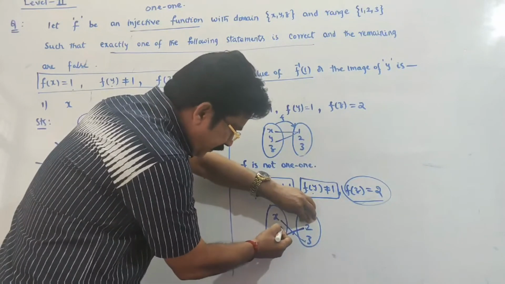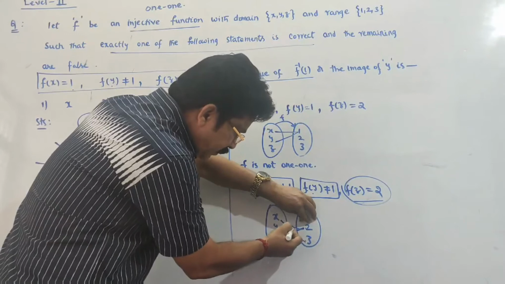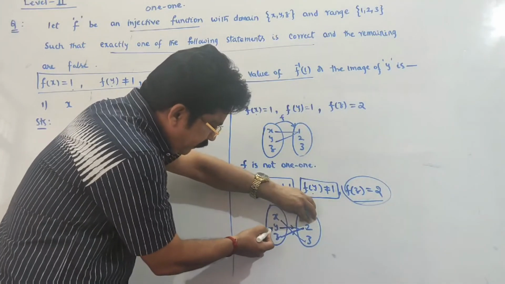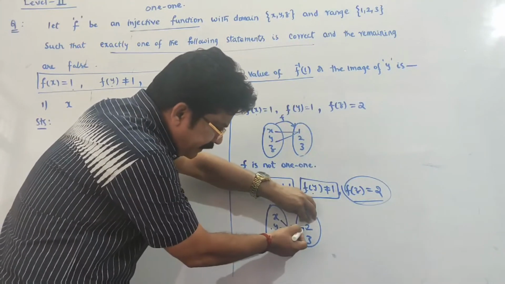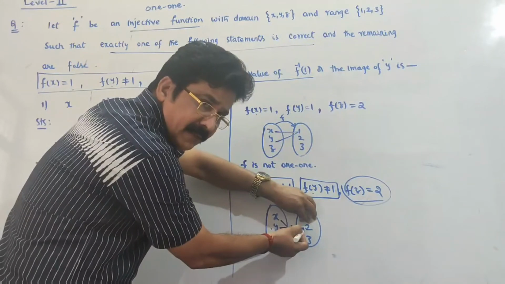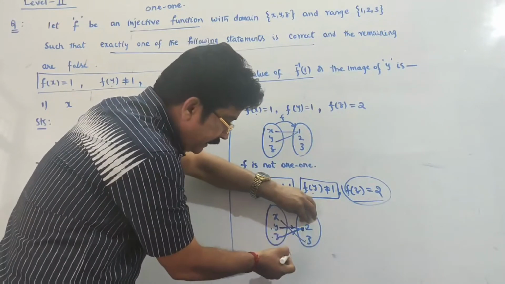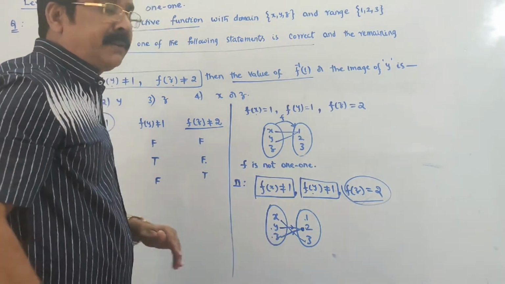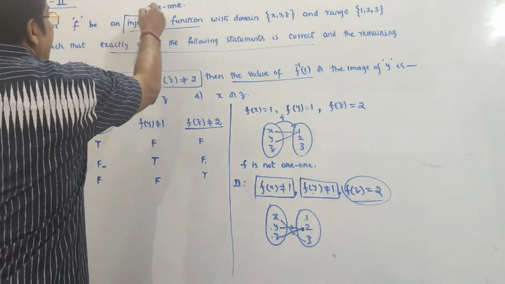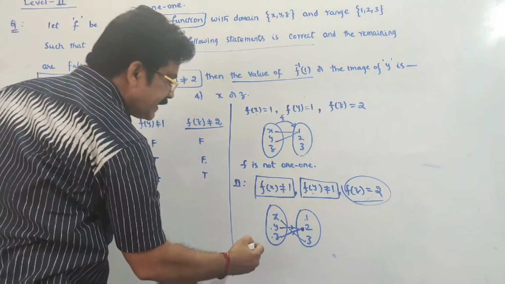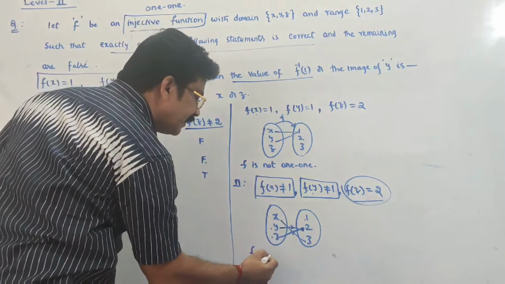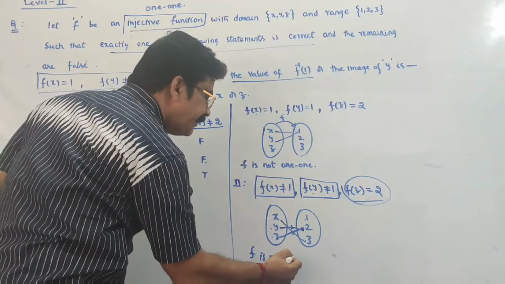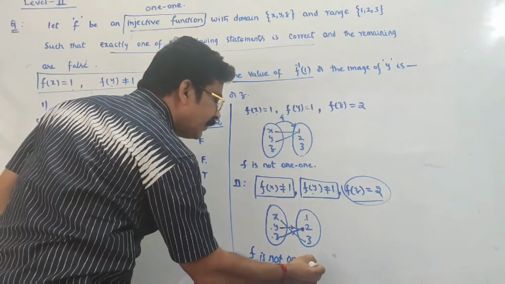For example, if y is mapped with 2, then definitely two different elements are mapped with the same element. Therefore, it is also not a one-one function. So this is a contradiction to the hypothesis that f is an injective function. So in this case also, f is not one-one.